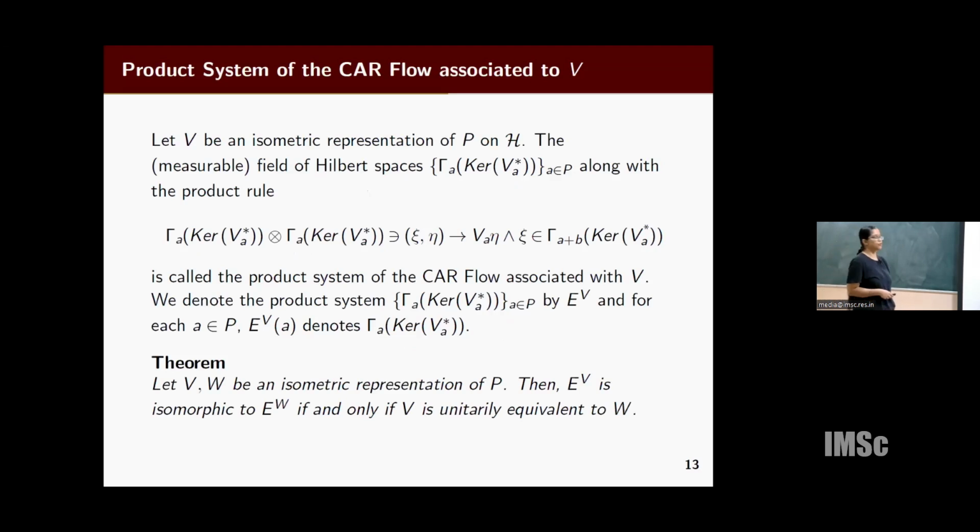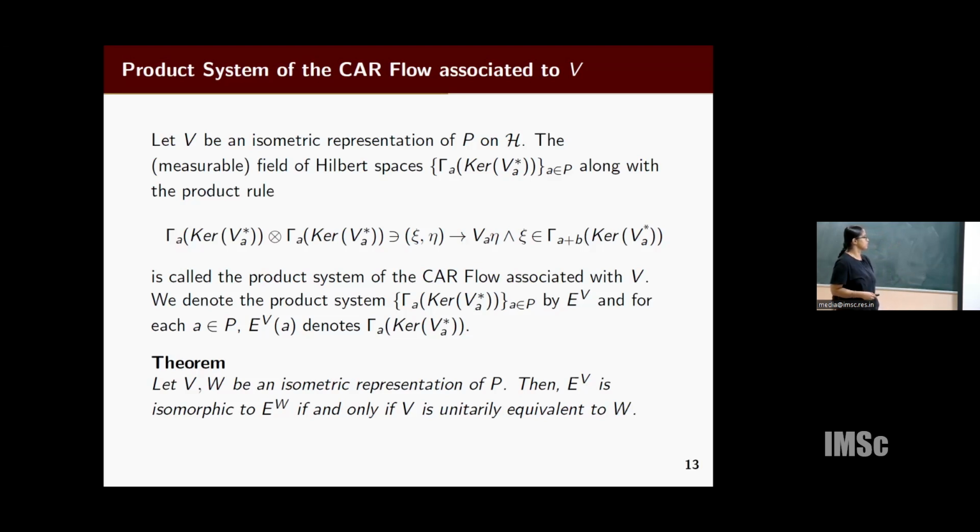So now we are ready to define the product system of this CAR flow associated to V. Just like CCR means canonical commutation relation, here CAR means canonical anti-commutation relation, which I forgot to mention. So suppose V is an isometric representation of P on H, and we consider this field of Hilbert spaces, Gamma_A of kernel V_a star.